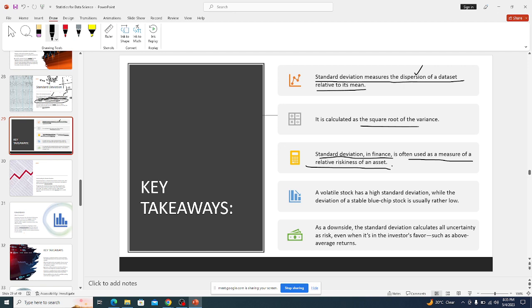So with that, at least you can see your portfolio. If your portfolio has an accumulative standard deviation which is high, then it means you are putting all your eggs in one bucket, which is risky. So the knowledge of standard deviation sometimes helps us in something we call diversification.